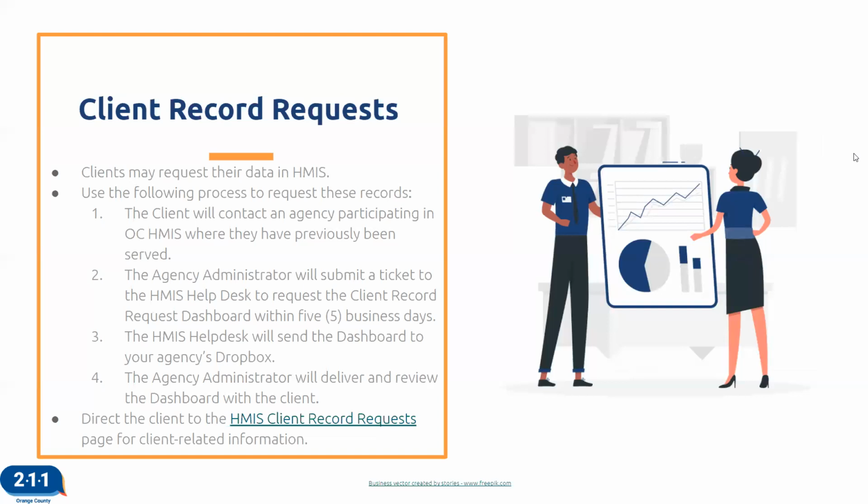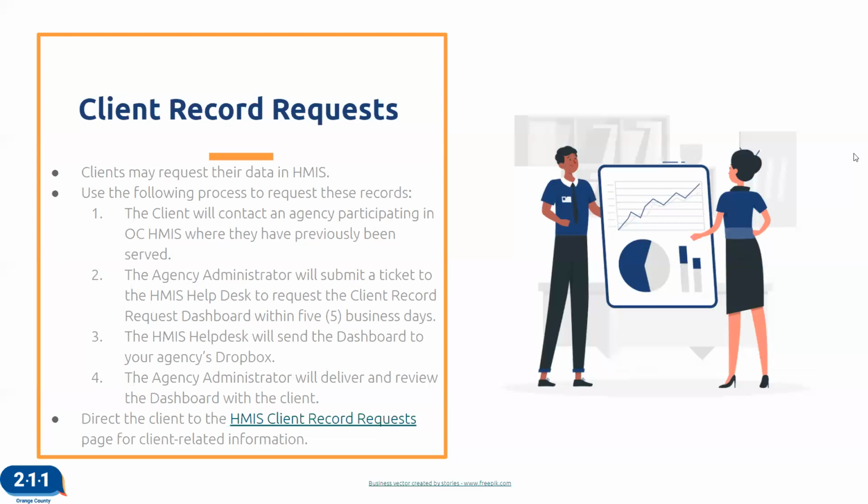Second, the agency administrator at that agency will locate the client's unique ID in HMIS and submit a ticket to the help desk to request the client record request dashboard for the client within 5 business days of the request. In the ticket, you'll state that a client is requesting their client record request dashboard and include the client's HMIS ID only, no names or other identifying data.